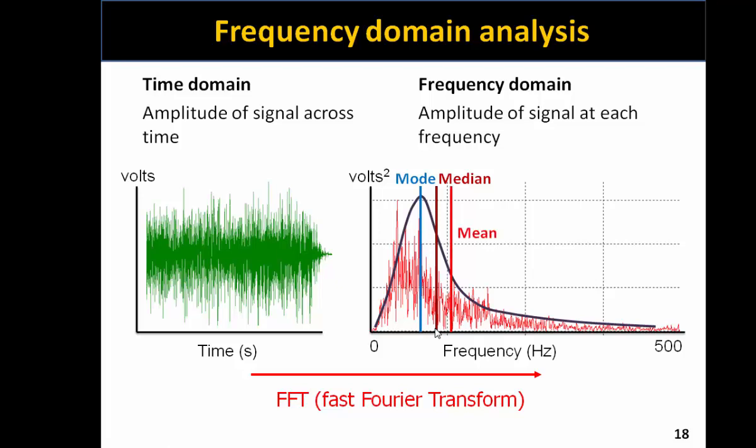Another commonly used, but to a lesser extent, is the mean frequency, the average frequency, which is skewed towards the tail here. Because the mean is influenced by these high frequency outliers, it will tend to skew in that direction.